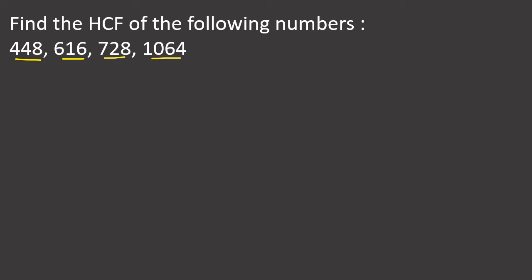So we will divide these four numbers into the group of 2. That means in one group there will be two numbers and in another group there will be two numbers. So let us first find out the HCF of first group, that is 448 and 616.